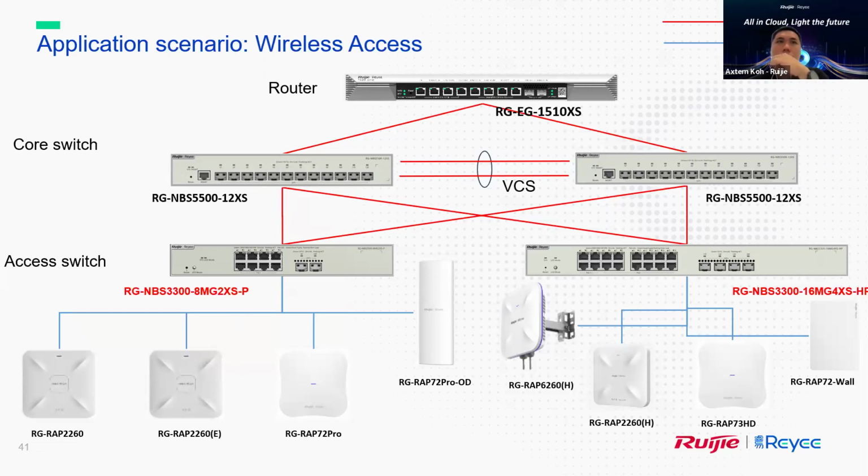But for the next solution, we are going to release the MPS 3300 as layer 2 switches, right? They come with 8 2.5G multi-gig ports, and another 2 ports will be 10G uplink, 10G fiber as well. Another model comes with 16 ports with PoE as well, the one with P in the name. Another 16 ports also come with 2.5G, backward compatible with 1G, and 4 10G fiber uplink ports.